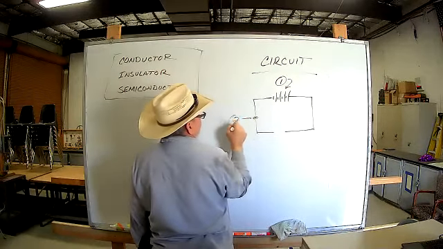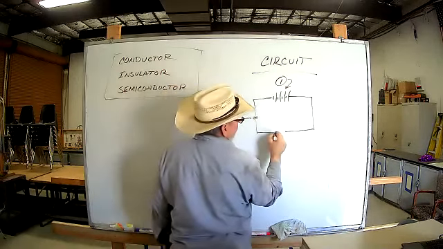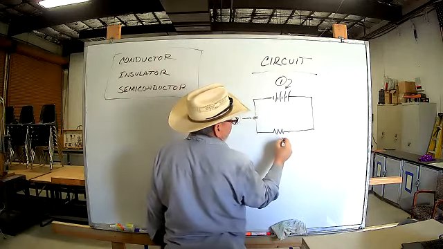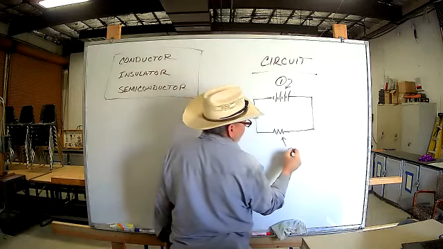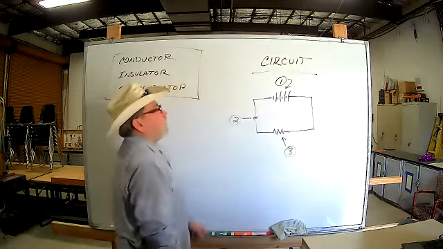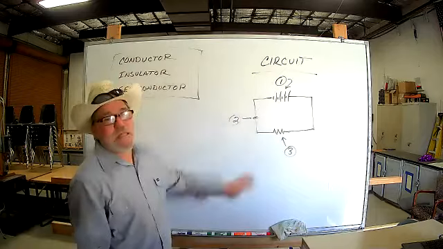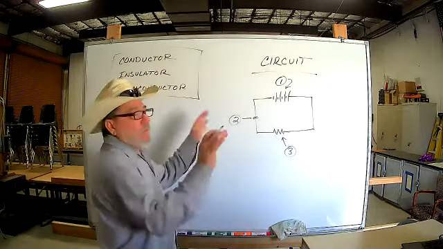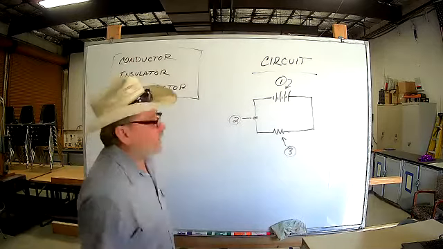This will be a second thing. And then this is a symbol for a resistor. So this will be number 3, okay? So a circuit has 3 things in it, the most simple thing. The most simple circuit has to have at least these 3 things.